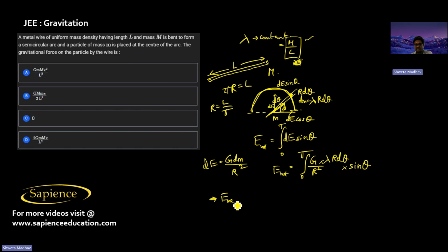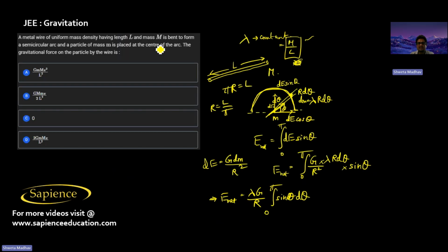Therefore, the net gravitational field at the center will be equal to lambda g by r integral sin theta d theta from 0 to pi.